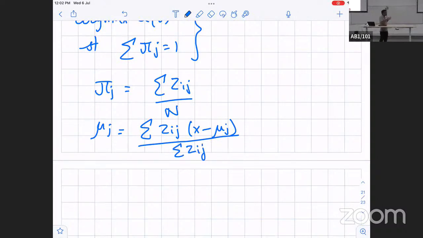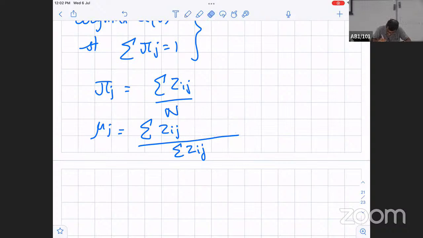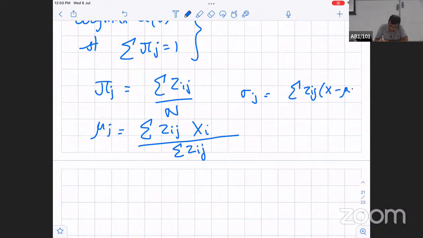So you look at all the points that are in the jth cluster. There is no mu j, I'm sorry, it's just xi. You look at all the points that are in the jth cluster, you take its average. One of you was telling, like, you look at whatever points in that income group and look at the mean. So that is what that is. And sigma j is going to be summation zij times (xi minus mu j) squared.